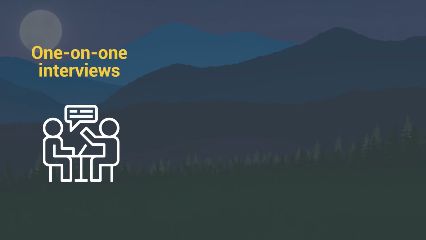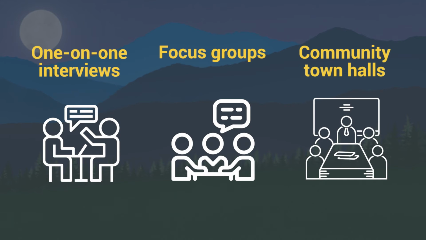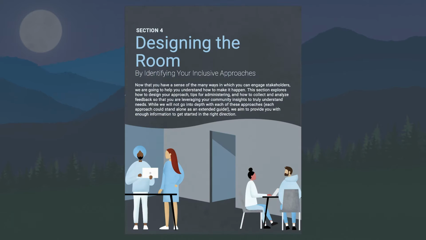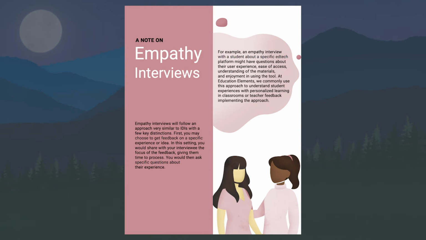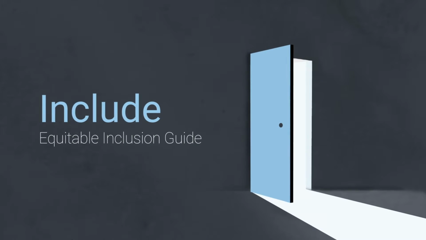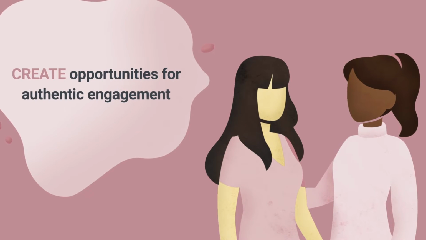Gathering this input might take the form of one-on-one interviews, focus groups, or community town halls. If you're looking for more guidance or resources to structure these opportunities to include the community in your portrait of a graduate authoring process, be sure to check out our Equitable Inclusion Guide for tips on making that experience as powerful and inclusive as possible.